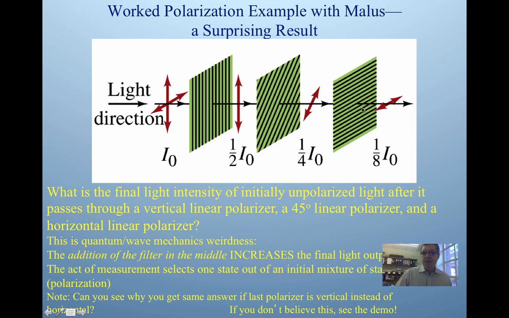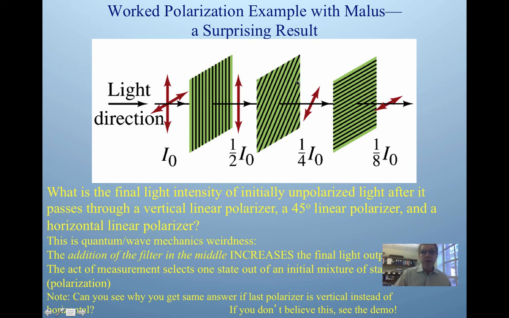What if, just for fun, this last filter were purely vertically polarized? Would that make any difference in this problem? Well, if I didn't have the filter in the middle, we'd get all of the light, half I naught, coming through. But with the filter in the middle, we still have another 45-degree rotation, so we still get 1/8 I naught passing through, except we're back in the original vertical polarization.